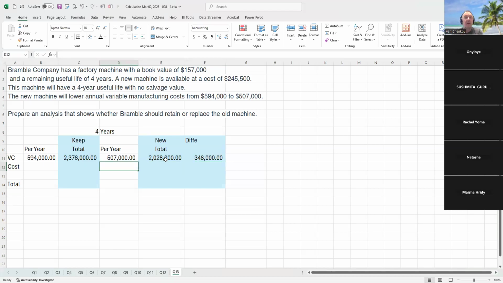However, if we keep the old machine, I don't have to buy the new machine. Correct. But if I buy the new machine, I have to pay for it. How much do I have to pay? 245,500. So in total, I'm going to have to pay that.